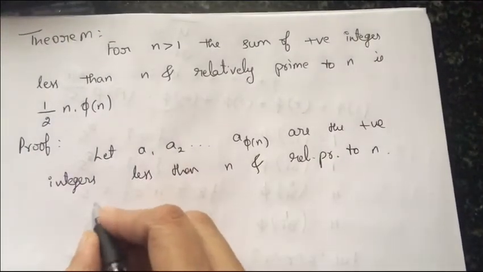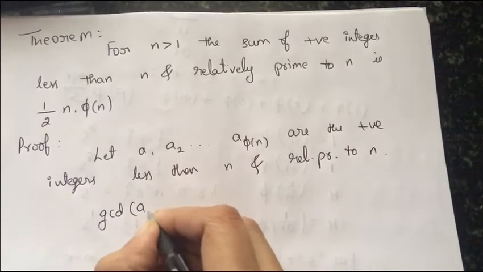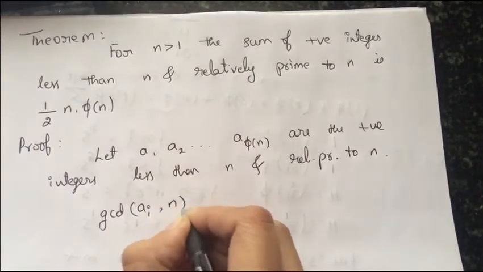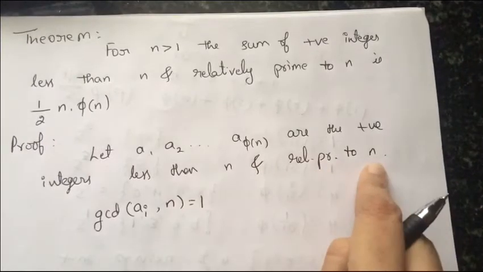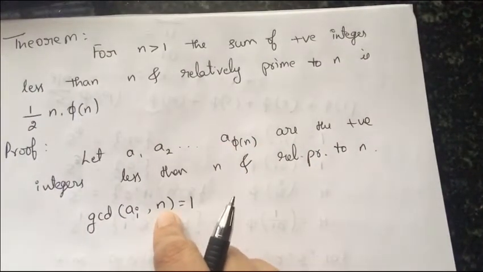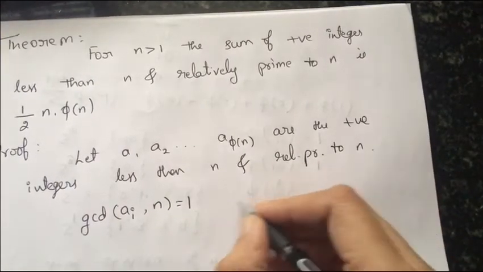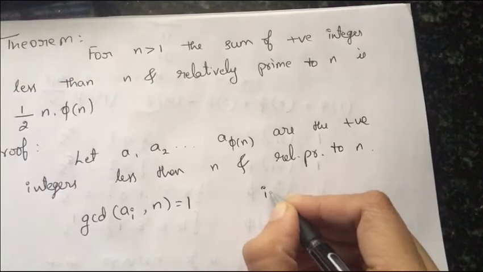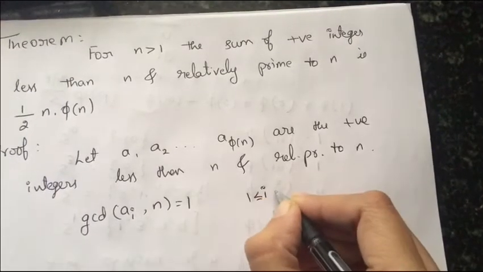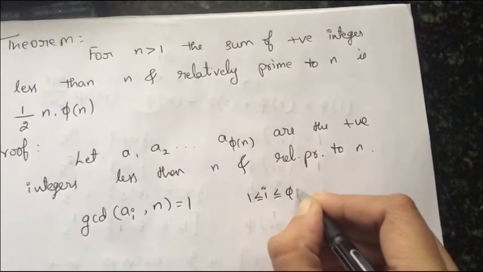Now see, we know GCD of ai and n is equal to 1, relatively prime to n, right? These ai are relatively prime to n and they are less than n. So this i must be greater than or equal to 1, and it should be less than or equal to phi of n.